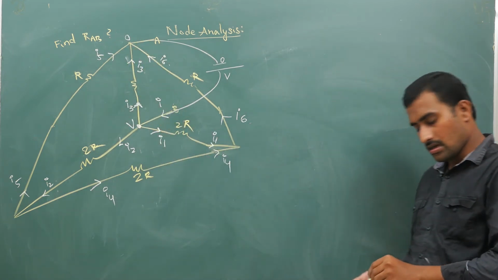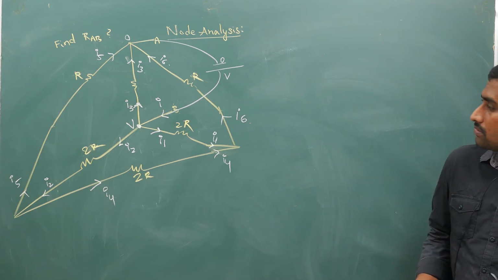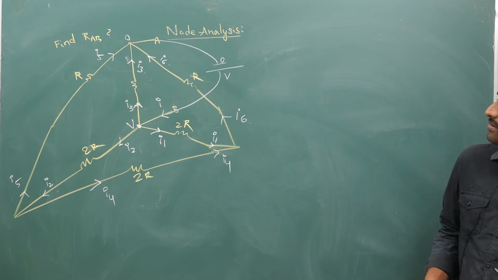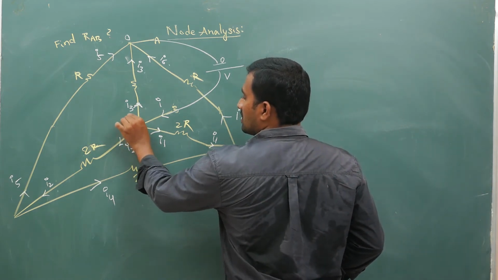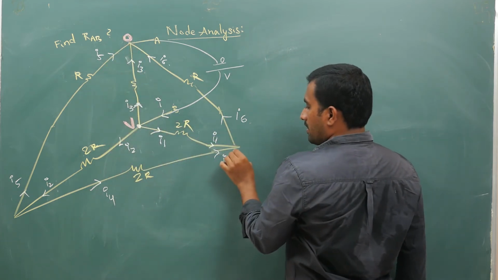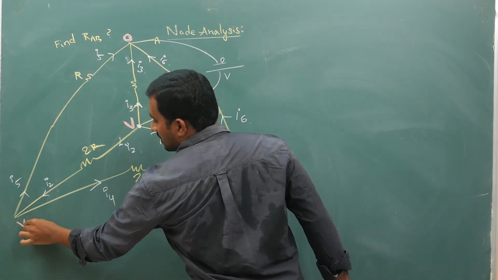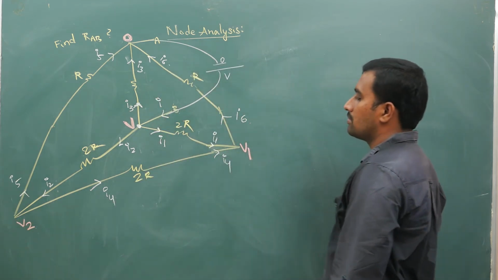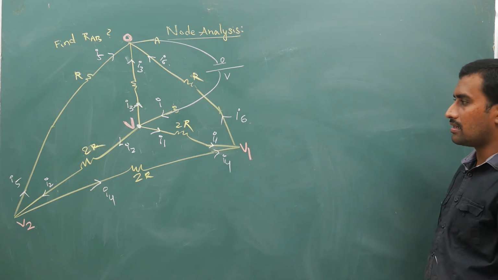So now here I am not going to do anything new. I have just marked currents. So this is V, this is 0, here let us say it is V1, here let us say it is V2. Once again we don't have anything new.